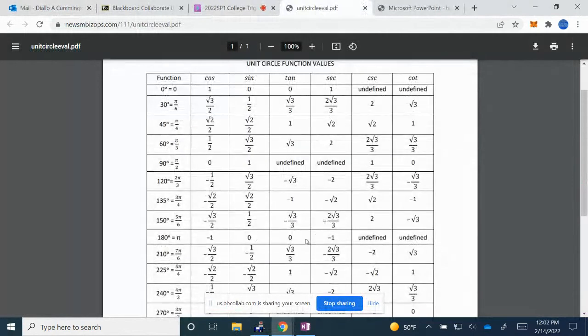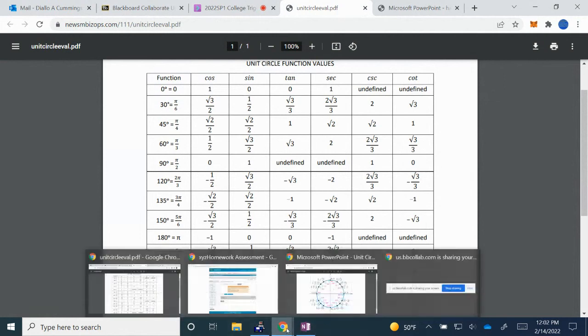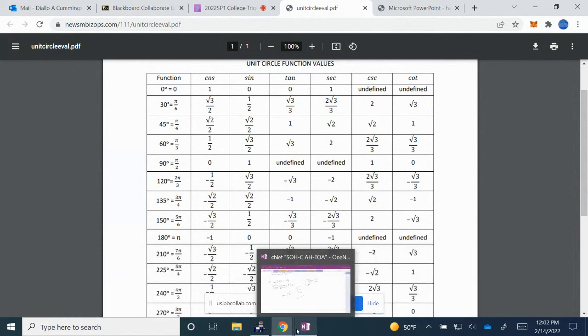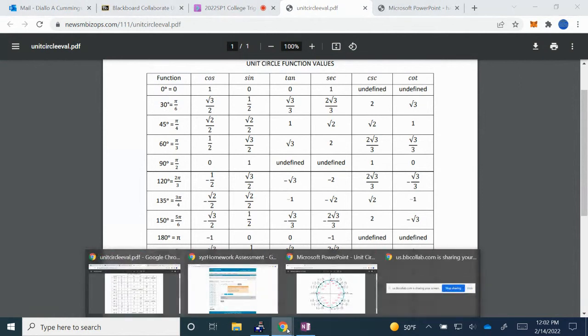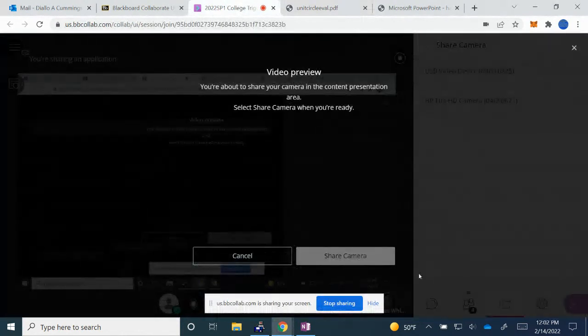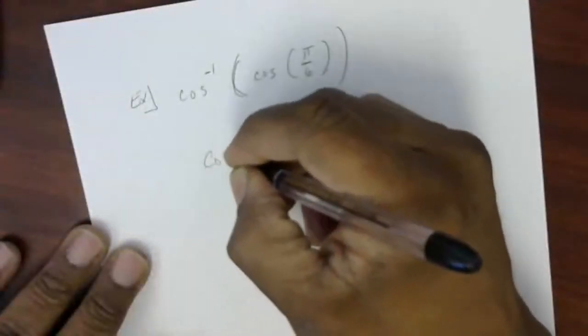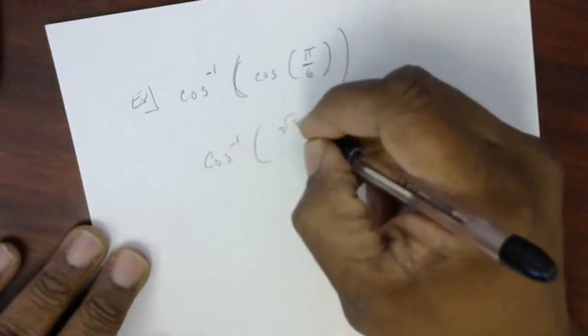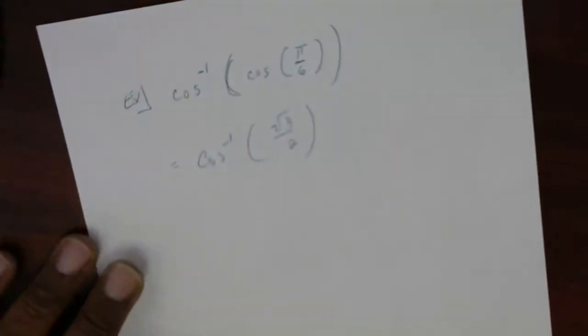I could find pi over 6, and I could pull out the cosine, square root of 3 over 2. All right. So we're going to evaluate the cosine of pi over 6 as the square root of 3 divided by 2. All right, so now I have the arc cosine of the square root of 3 divided by 2.